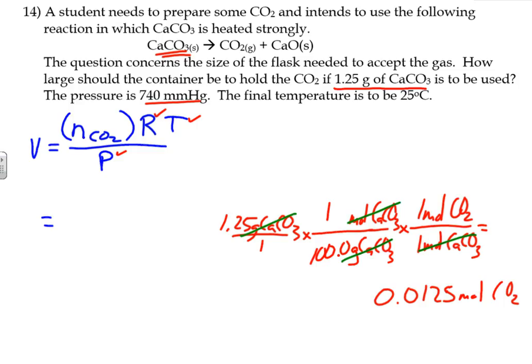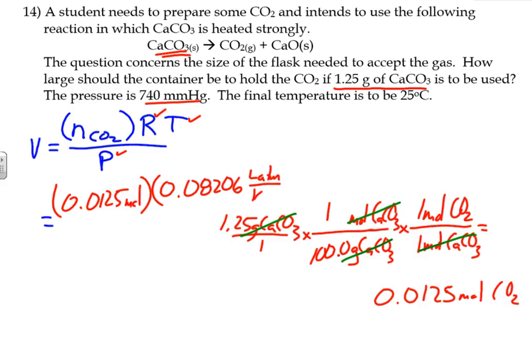So we've got 0.0125 moles of CO2, R, 0.08206 liter atmospheres over K moles. And I can see that this is going to get in the way.